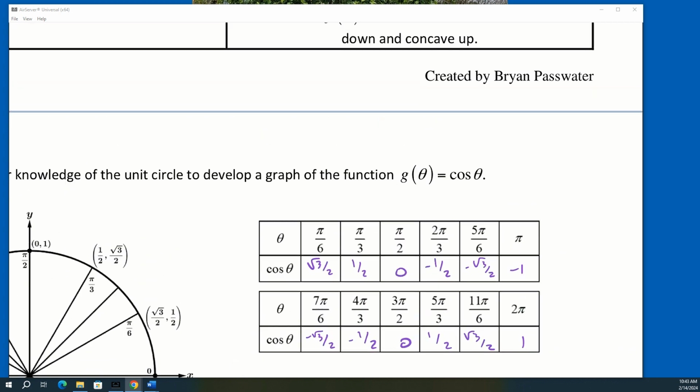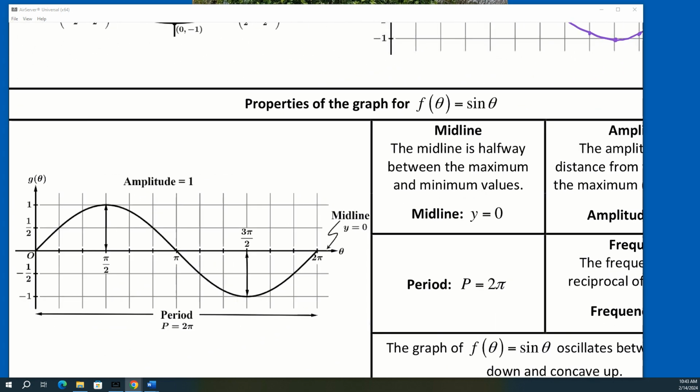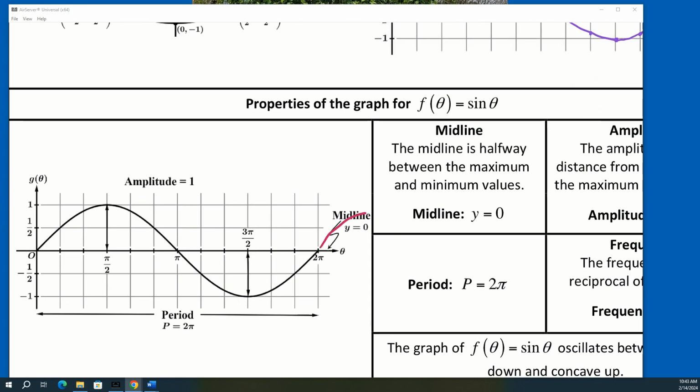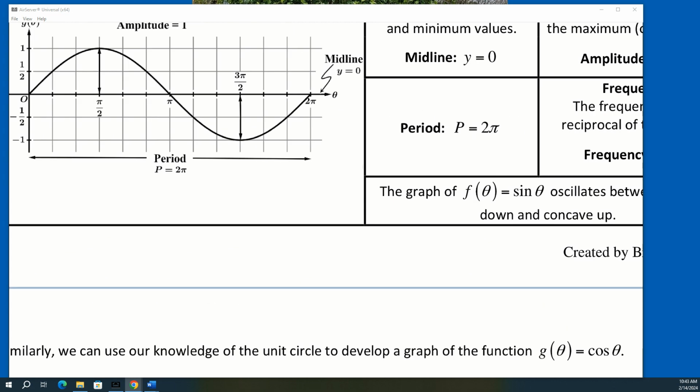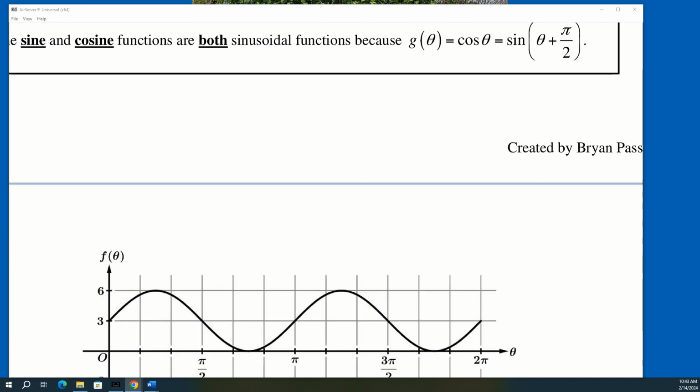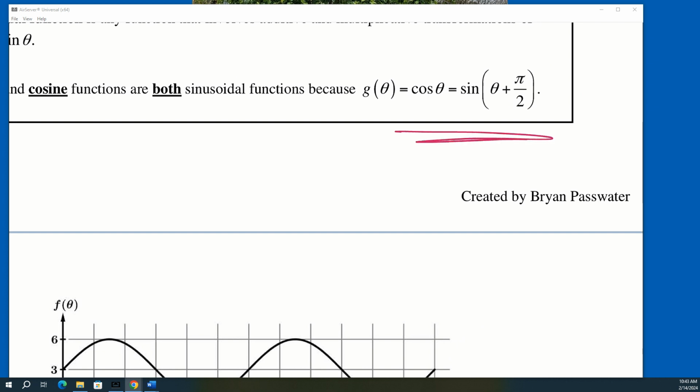The sine curve keeps repeating the same pattern, but if I took it and shifted it pi over 2 to the left, it's going to give me the cosine function. So the cosine is a transformation of the sine. Those are the exact same graph.